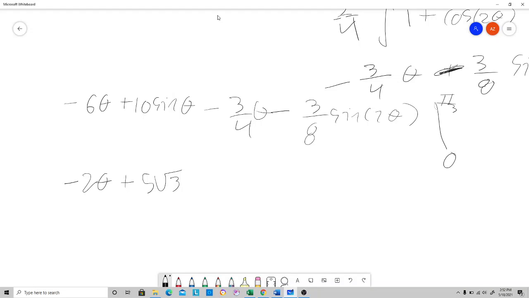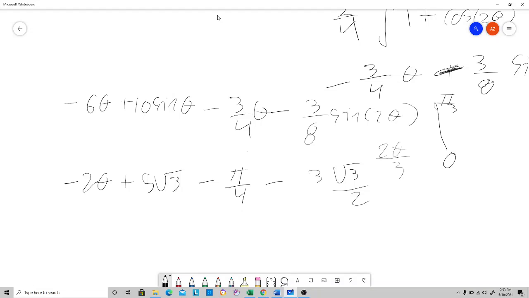Because if we simplify this, minus 3 over 4, those two 3's will go away, and it will just be pi over 4 minus, and then this 2 theta, it will be 2 pi over 3, and then in the unit circle, that should say that sine is square root of 3 over 2.